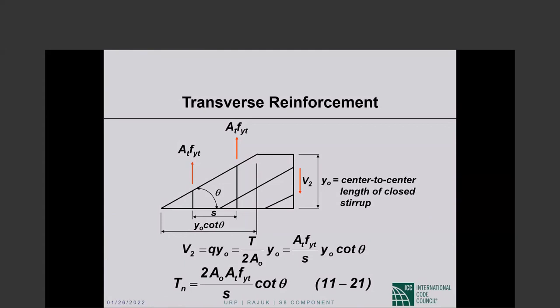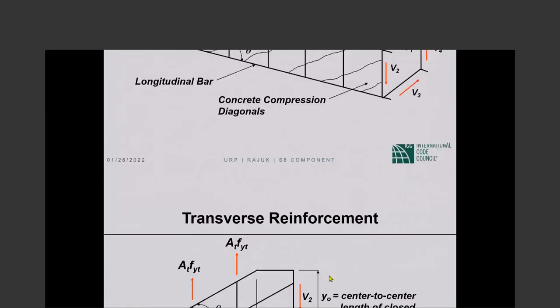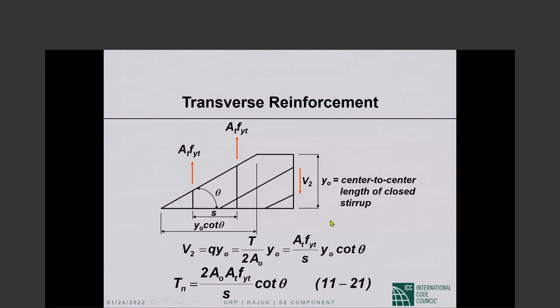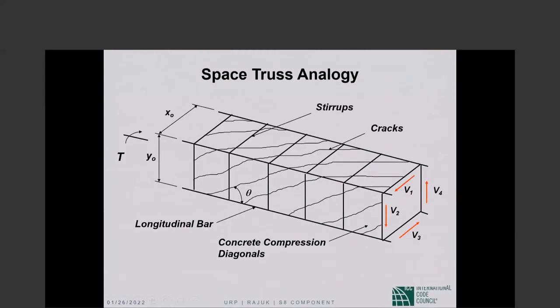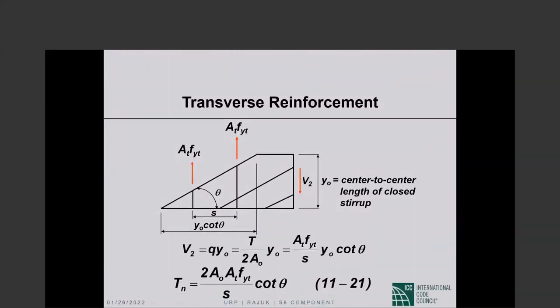So here we have taken part of one face, the front face. The shear acting is V sub 2. This dimension is Y0 as shown here, between center lines of the legs.